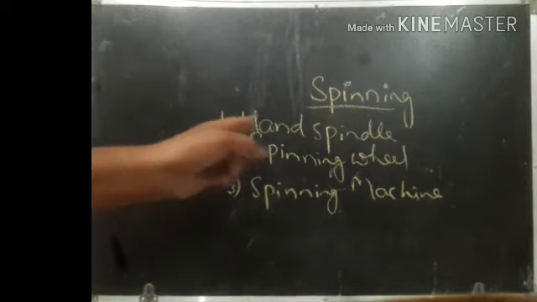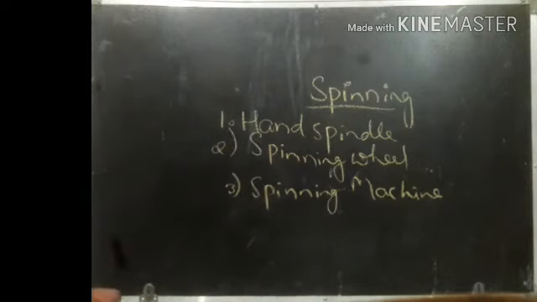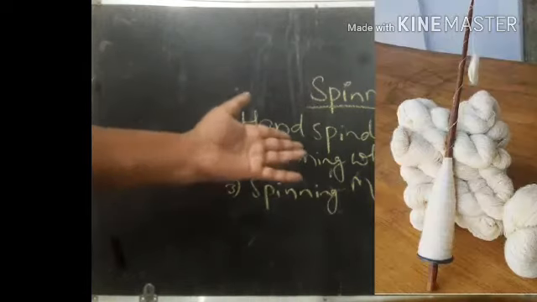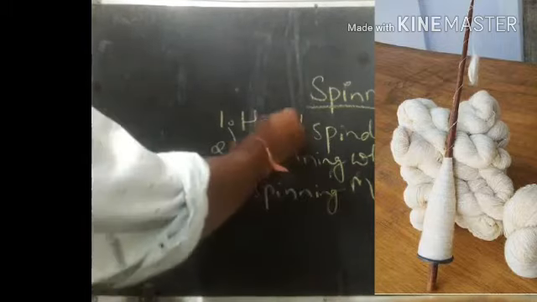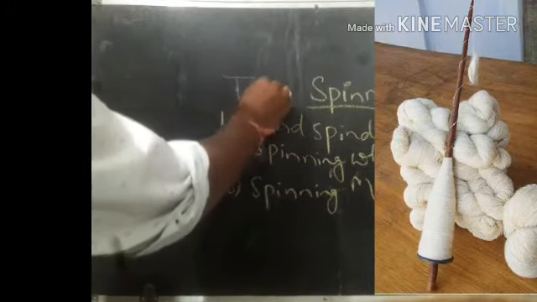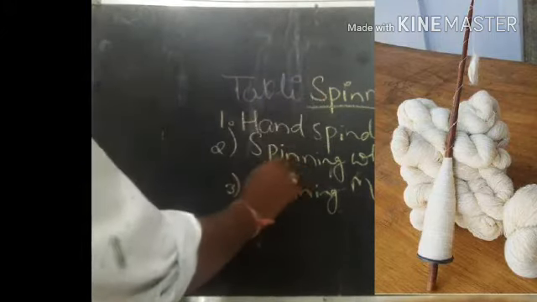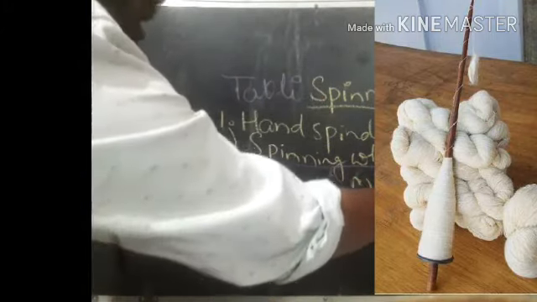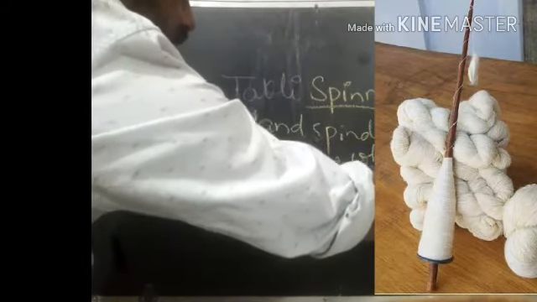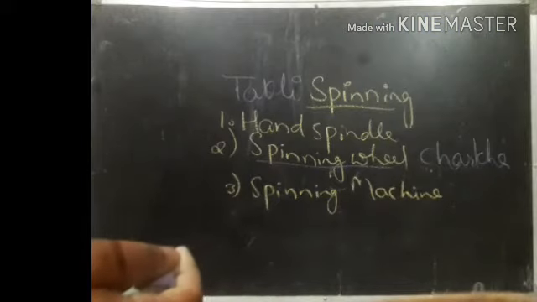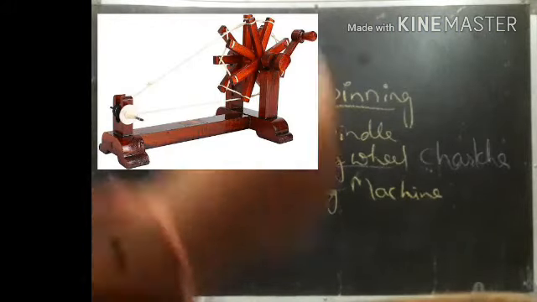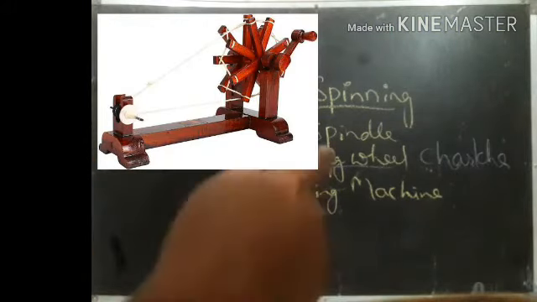Next, another device is called the spinning wheel. In Hindi, hand spindle is called takli, whereas spinning wheel is called charka. The name itself indicates it is a spinning device.